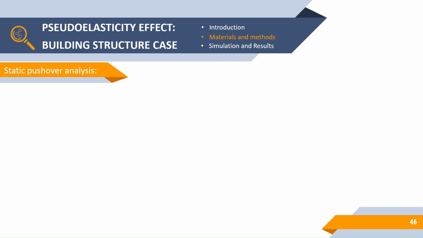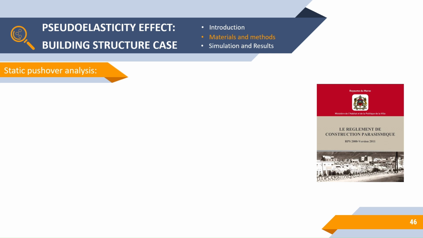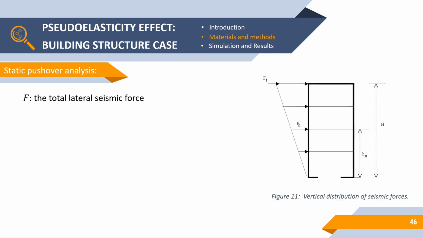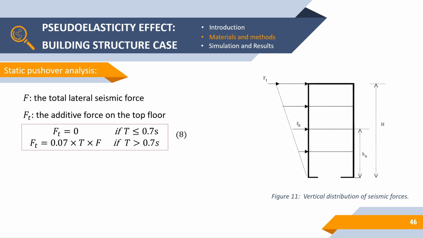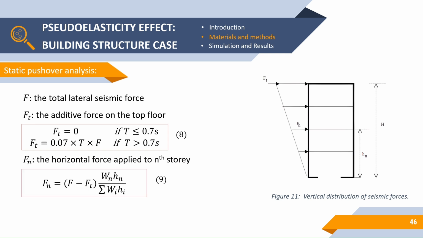According to the Moroccan Seismic Code RPS 2000, revised version 2011, the total lateral seismic force F should be distributed over the height of the structure as shown in Figure 11, where Ft is the additive force on the top floor, Fn is the horizontal force applied to the nth story, and Hn is the height of the nth floor measured from the base.